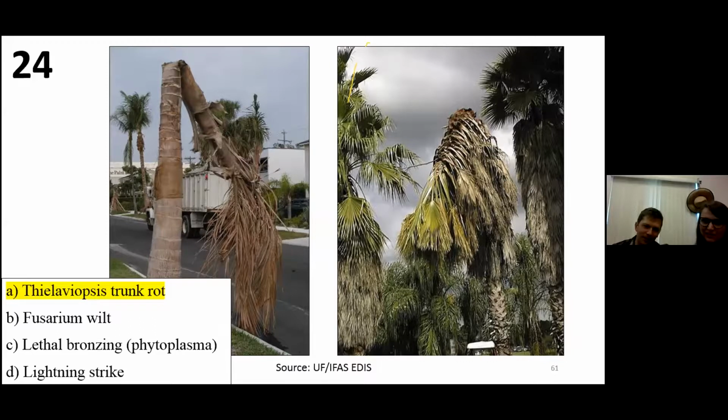They're having trunk rot internally, and the structure is failing for the plant. And another thing to look for, if somebody describes this, is that it tends to ooze. These pictures don't really show that, but that is a secondary symptom of this as well.